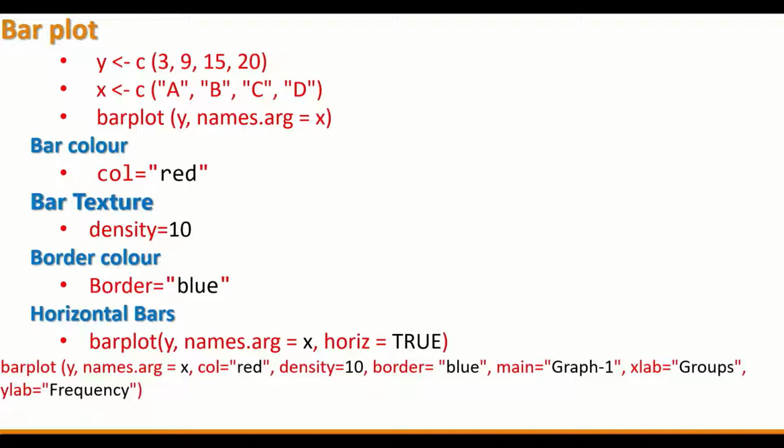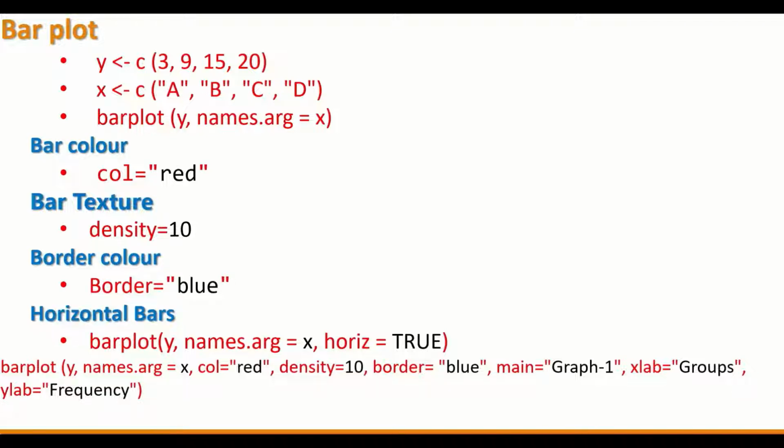To change the texture of the bar, use the command density equal to 5 or 10 or any other value. For border color, use the command border equal to blue, green, yellow, whatever. That has to be inserted between quotation marks as it is text.